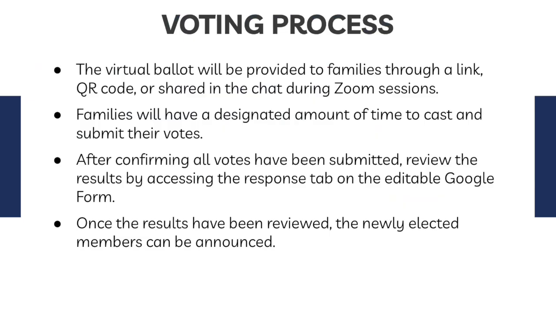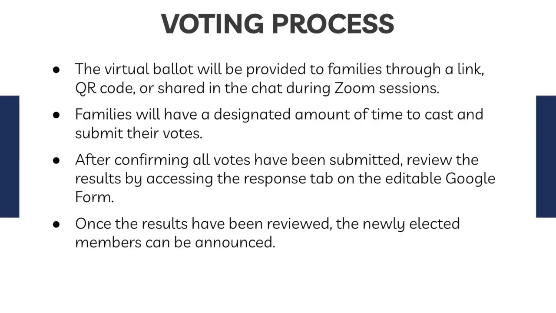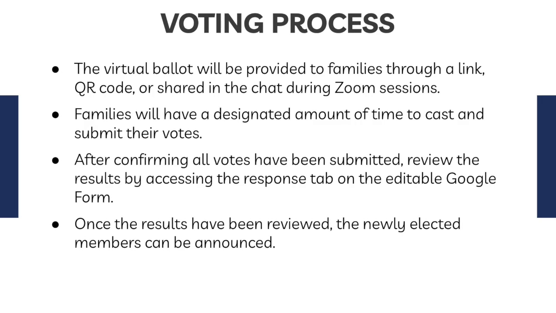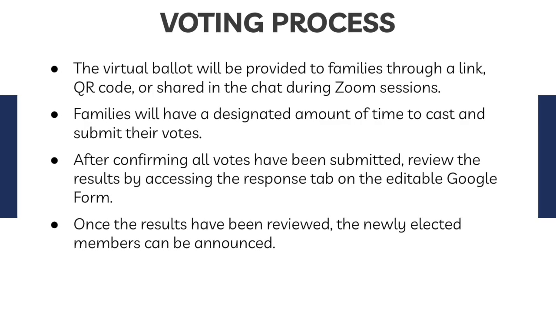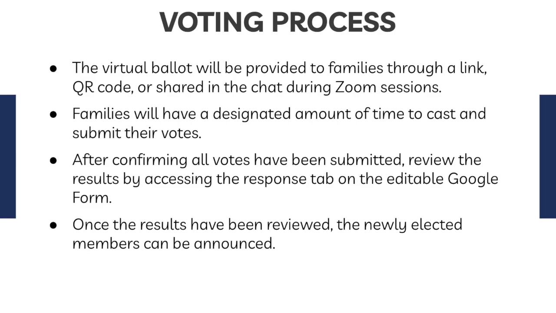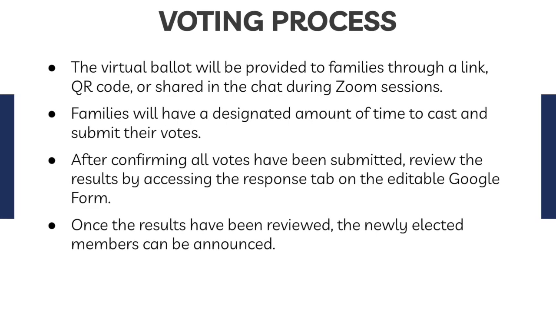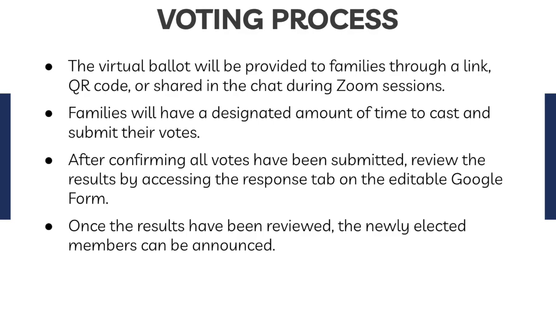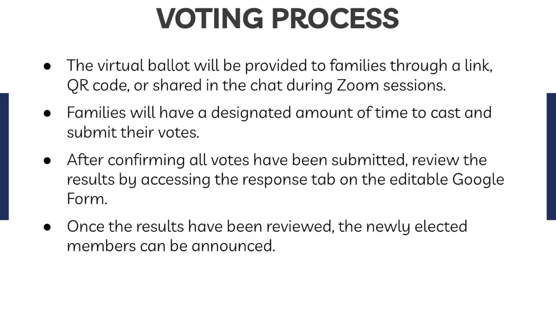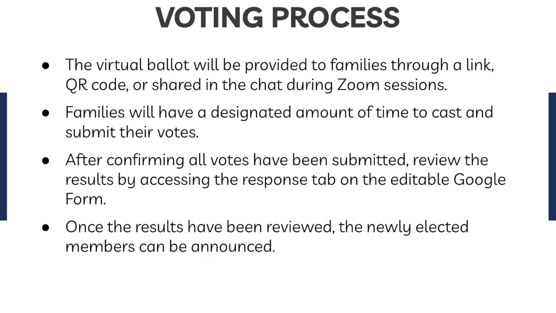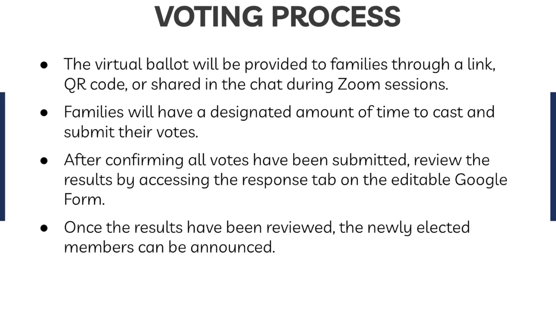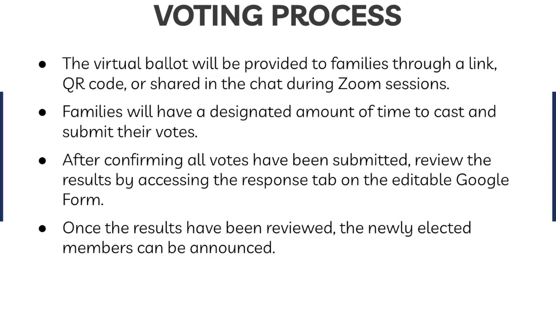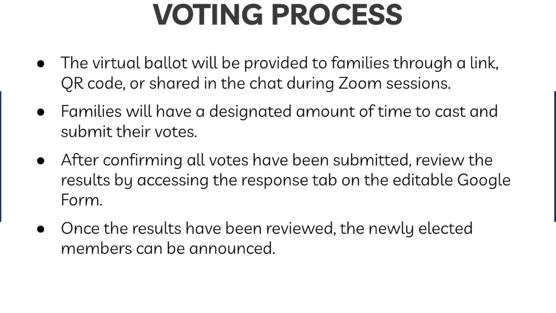The voting process will be provided to families either through a link, a QR code, or shared in the chat during Zoom sessions. Families will have a designated amount of time to cast and submit that vote. As a reminder, if there are multiple individuals in a family, they will only have that one vote.